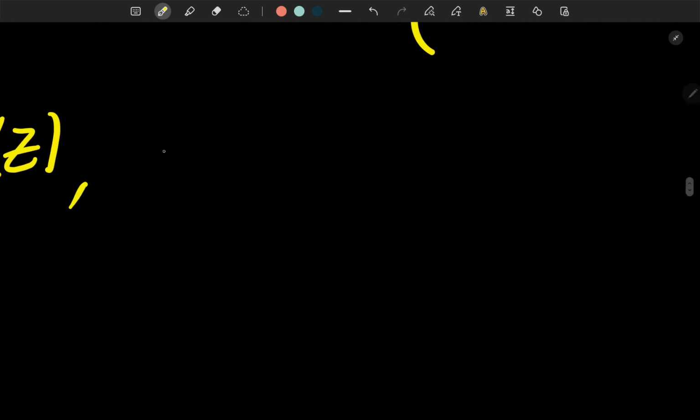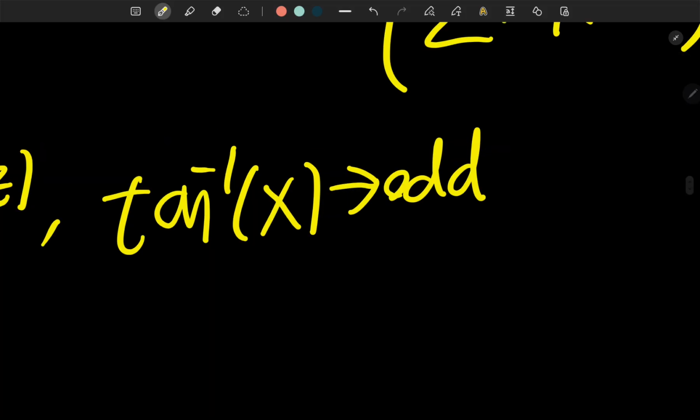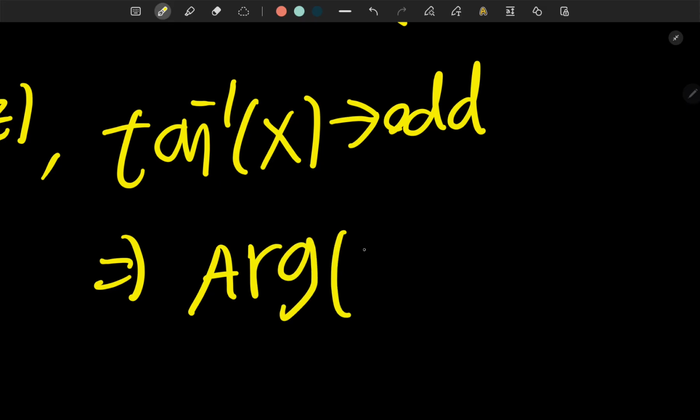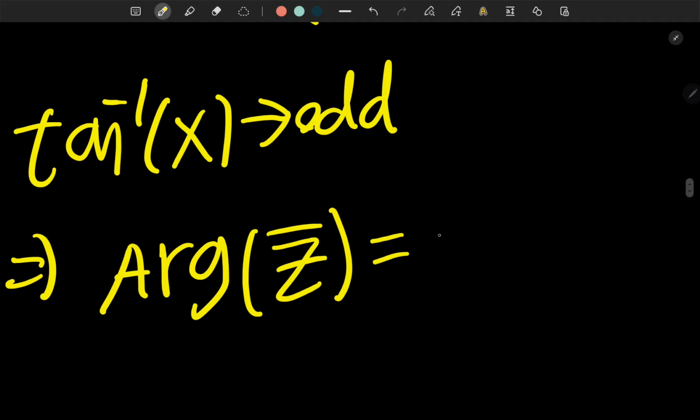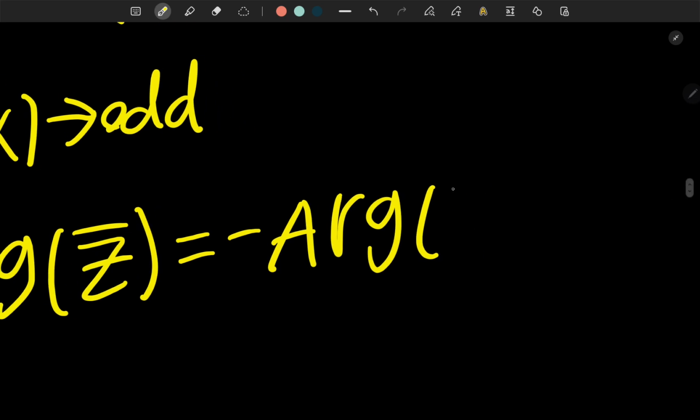And since inverse tan of x is odd, this would imply that the argument of the complex conjugate of z is equal to the negative argument of z.